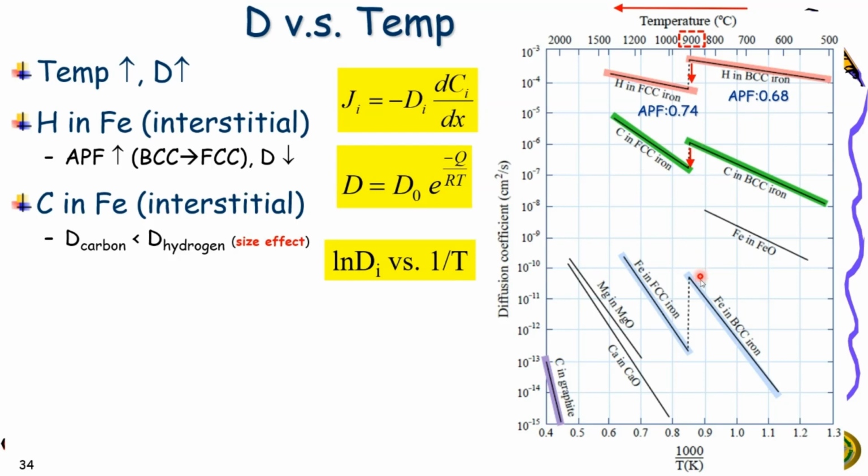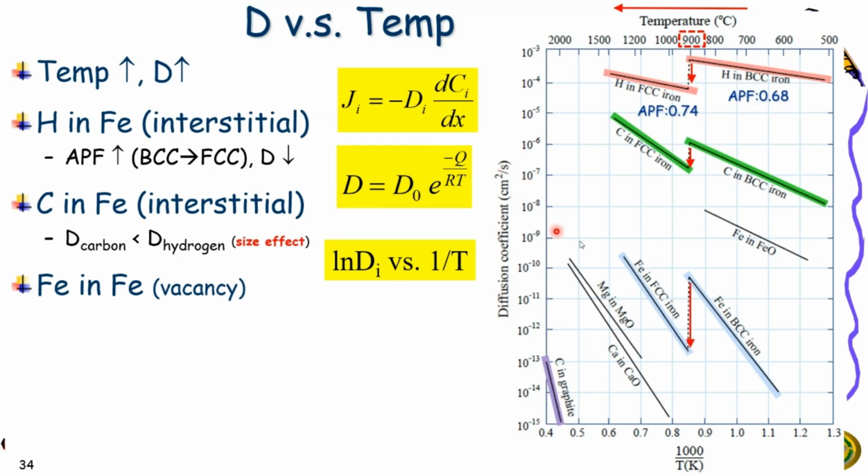Let's move to the next comparison. This is iron to iron, called substitutional diffusion or self-diffusion, which is vacancy diffusion. We already know interstitial diffusion is higher than substitutional or vacancy diffusion. Why? Because substitutional diffusion requires higher energy, and you need to create a vacancy first.